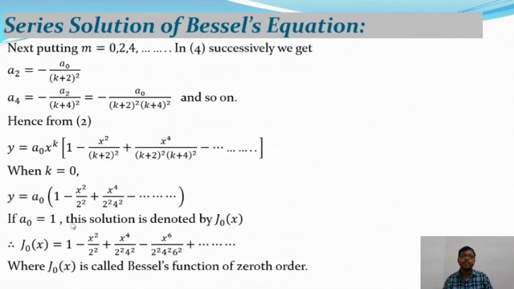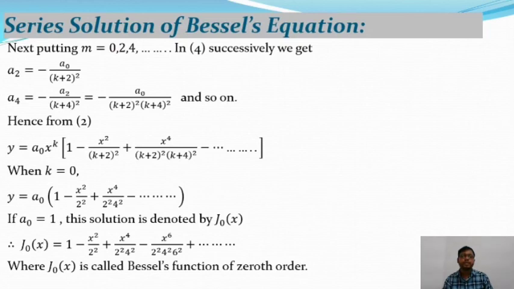And if a0 is equal to 1, then the above equation is denoted by J0 of x, where J0 of x is the Bessel's function of 0th order. Okay, and it is equal to 1 minus x square by 2 square plus x to the power 4 by 2 square into 4 square minus x to the power 6 by 2 square into 4 square into 6 square, and up to infinity. Okay, so J0 of x is called the Bessel's function of the 0th order.